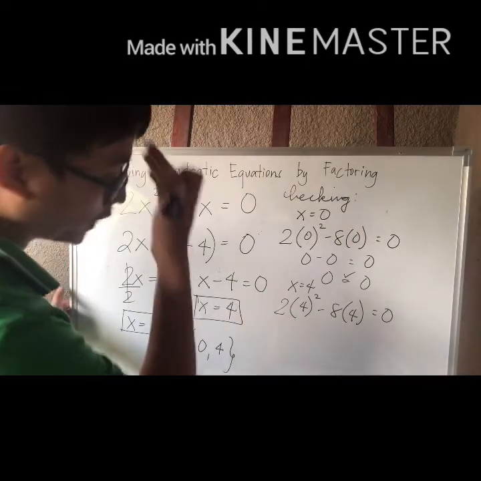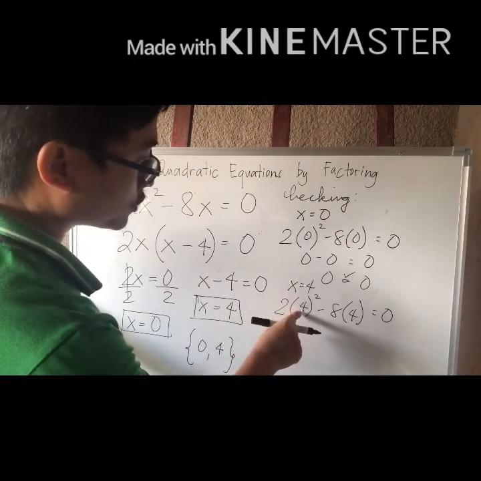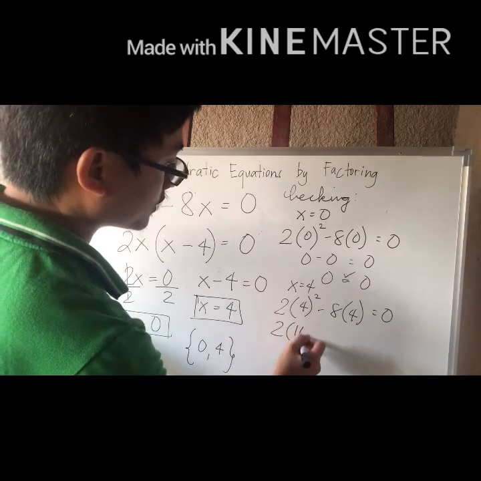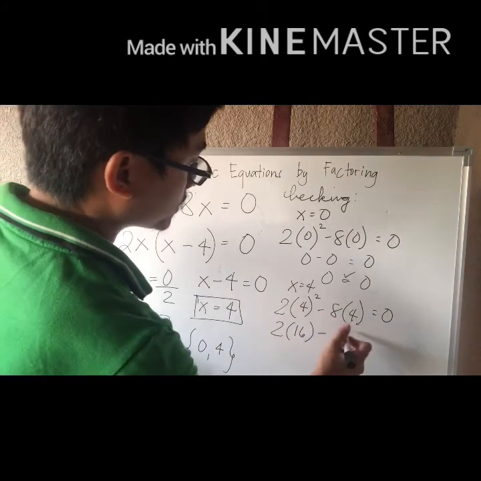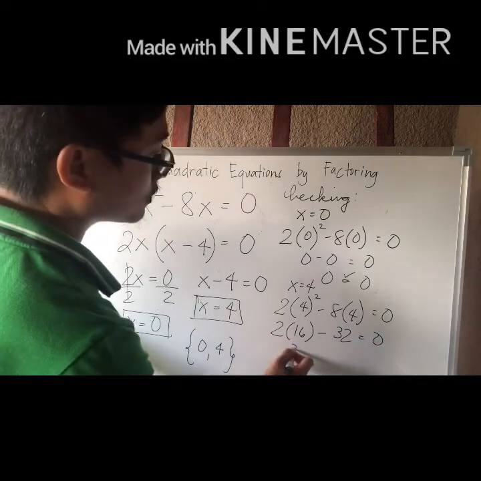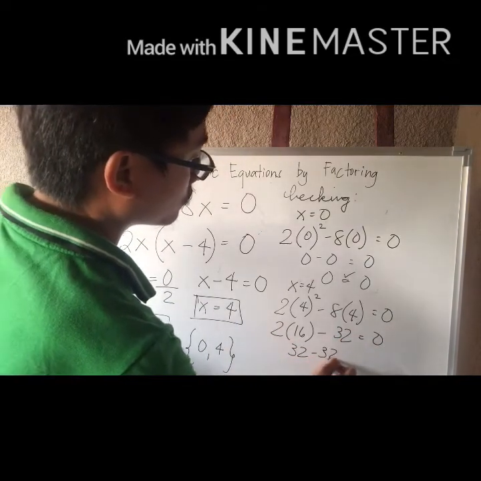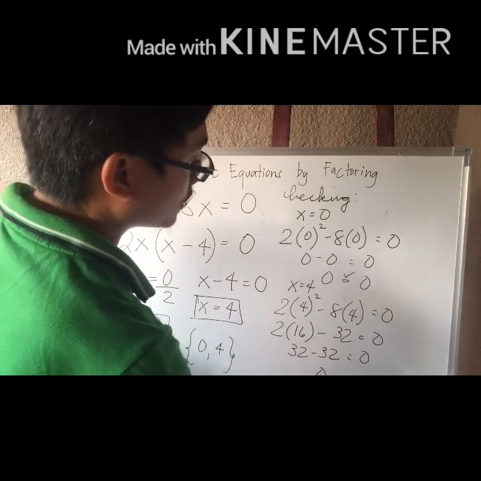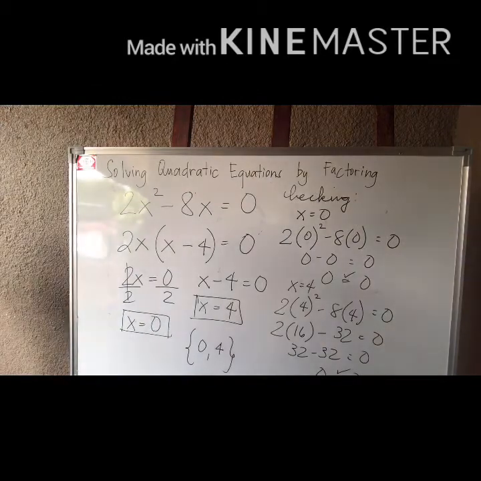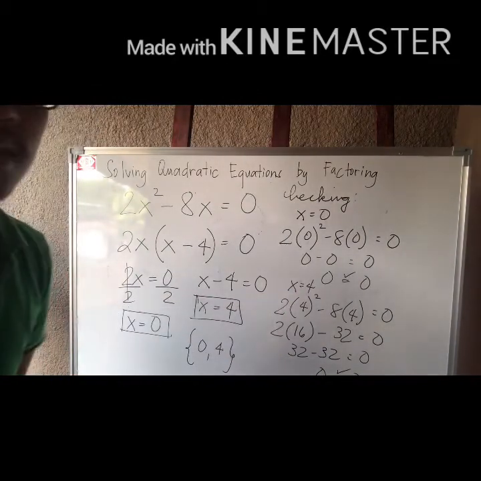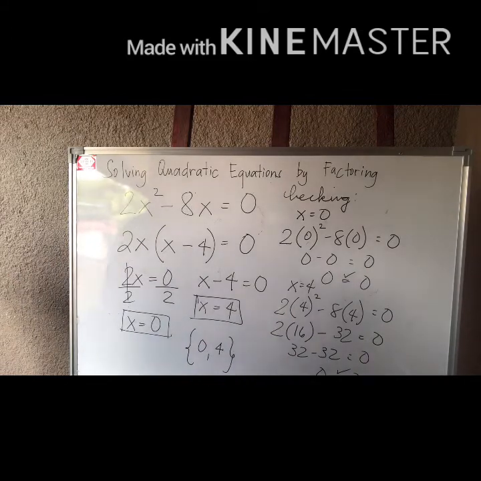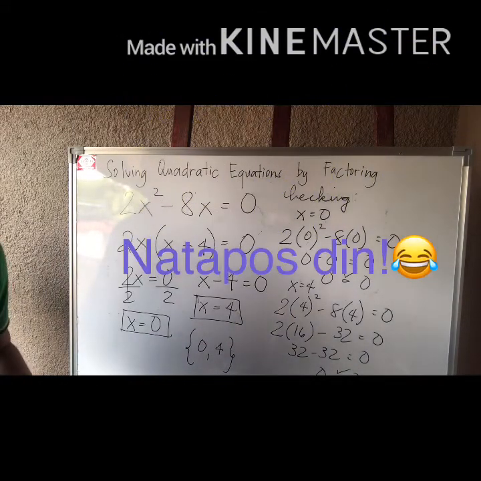So applying the PEMDAS rule, first square is 4 squared, that is 16, minus 8 times 4, that's 32, equals 0. 2 times 16 is 32, minus 32 equals 0. 0 is equal to 0. So therefore, 4 is the solution of this quadratic equation using factoring.